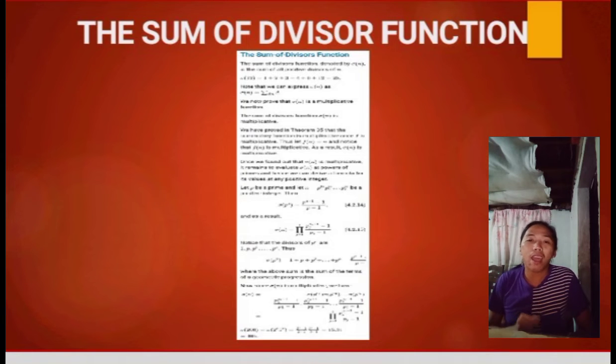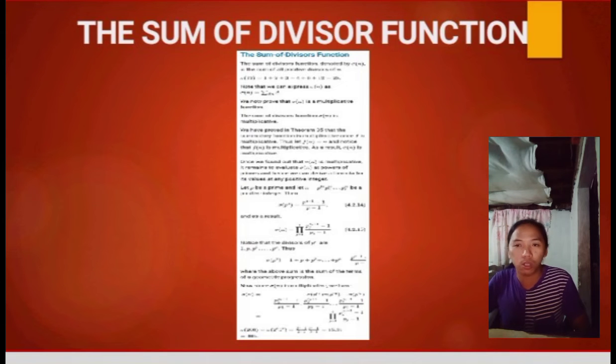Thus, let f(n) = n, and notice that f(n) is multiplicative. As a result, σ(n) is multiplicative. It remains to evaluate σ(n) at powers of primes, and hence we can derive a formula for its values at any positive integer.